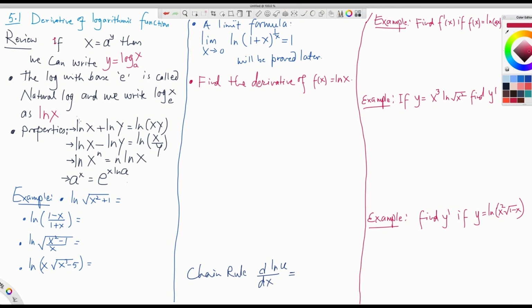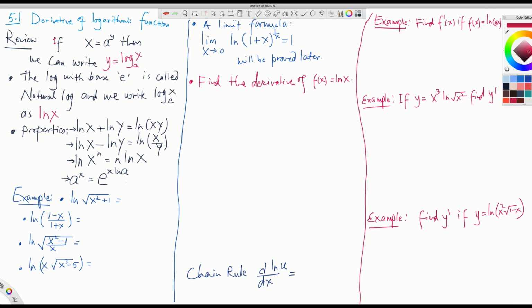And we saw some of the properties of the log, and these properties are true for any base. So I wrote the formula for natural log, but these properties are true for any base. The base could be a, b, c, any number, but that should be a positive number, okay?